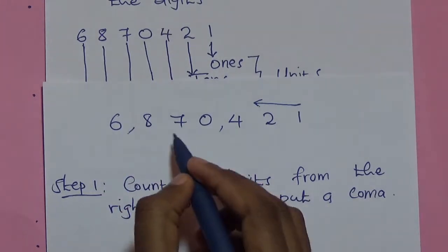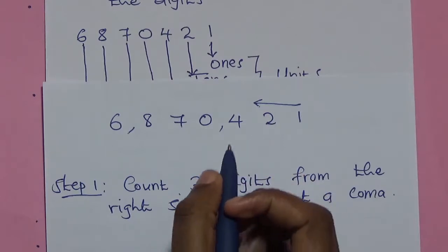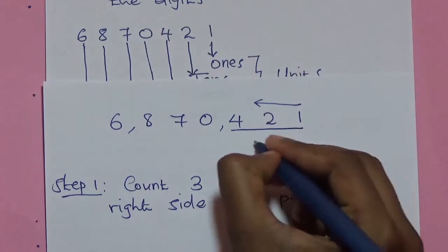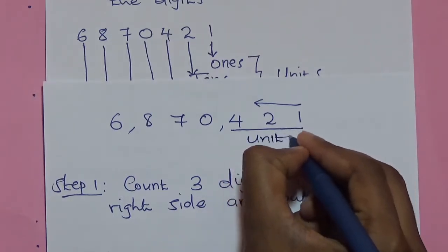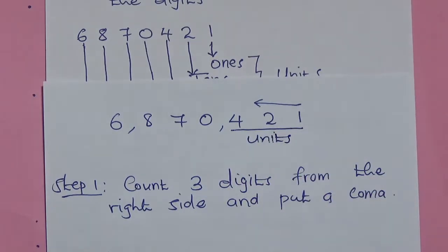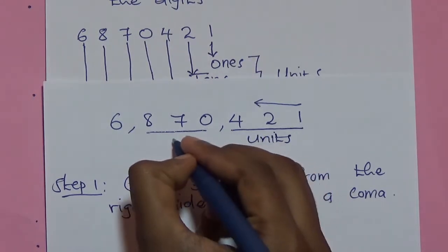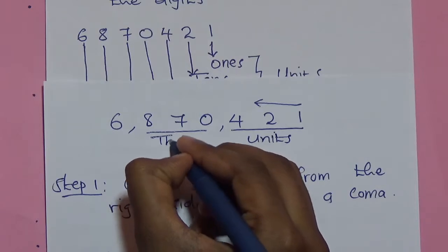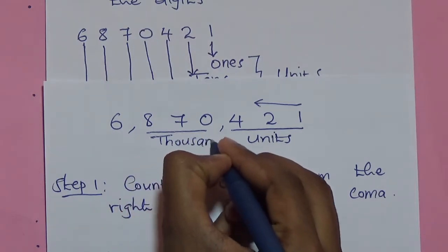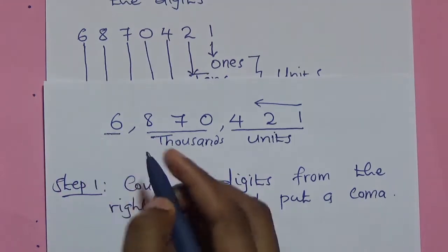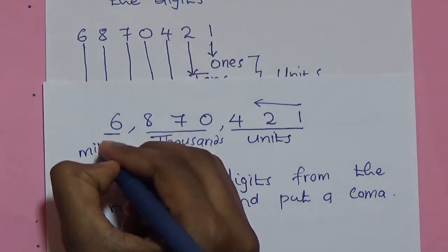Now, you have divided that number. The first 3 digits will be the units, then the other 3 digits will be the thousands. And finally, the other digits will be the millions.